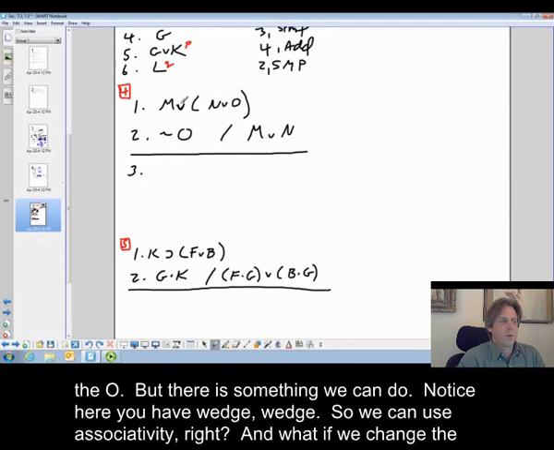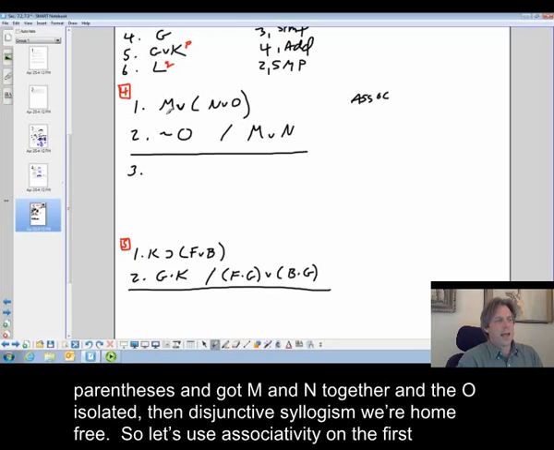Notice here you have wedge, wedge, so we can use associativity, right? And what if we change the parentheses and got M and N together and the O isolated? Then disjunctive syllogism, we're home free.